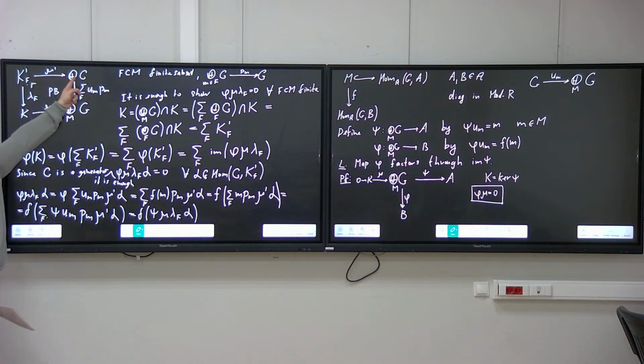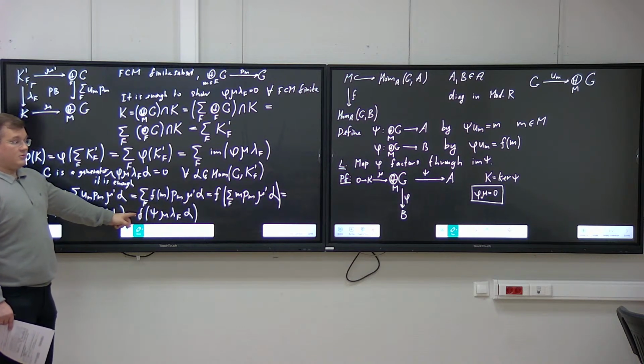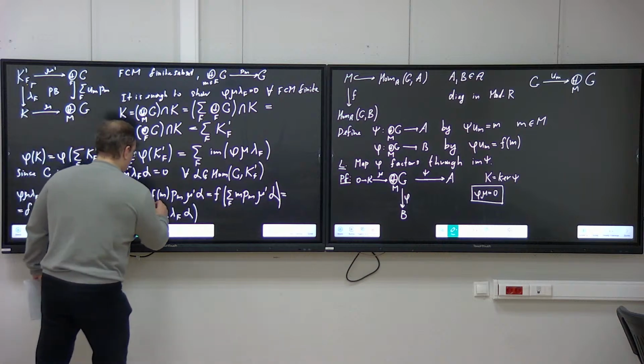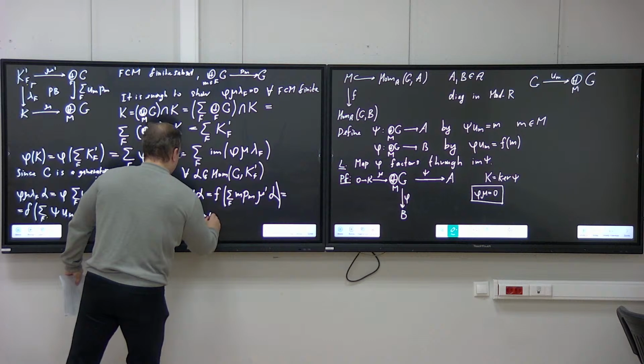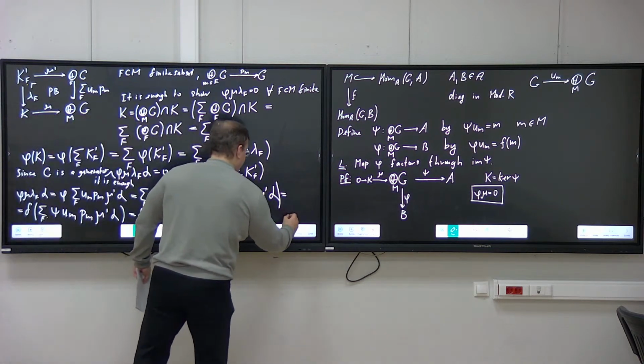So again, this is the map in this limited square. I want to replace this by this map. So finally, the observation is of course that the composition of the mu and psi is zero, just by the definition of the mu, since this is a kernel. So this composition is equal to zero, hence this whole map is zero. And that's the end of the proof.